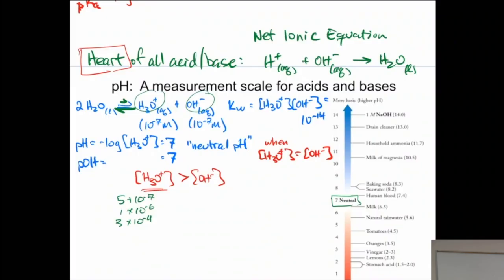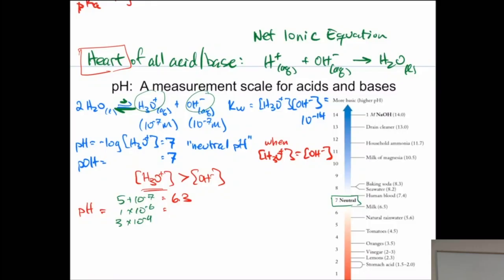So that's going to give us an acidic pH, because when we do a log transformation of this, the pH of all that, well, you'd have to plug it all in, but 5 times 10 to the minus 7th, I should have just written any old number down. That's going to be 6.3. How do I know that?